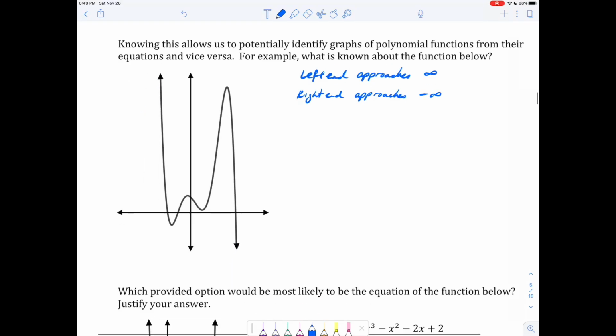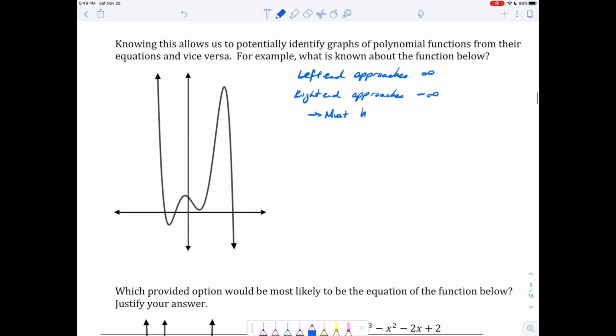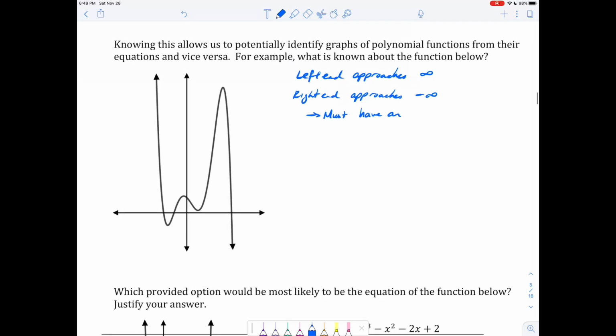That tells us that. And because the ends are approaching opposite directions, we know that this must have an odd degree. We can confirm that with our direction changes, because our direction changes should be at least one less than the degree of the function.